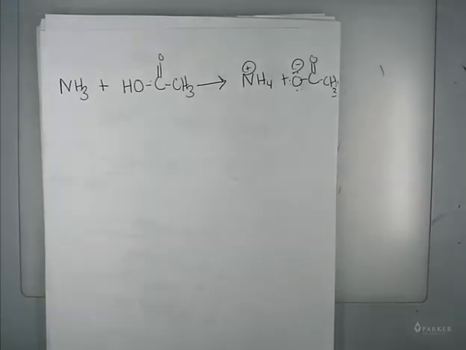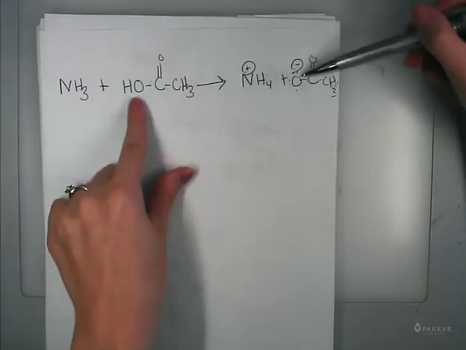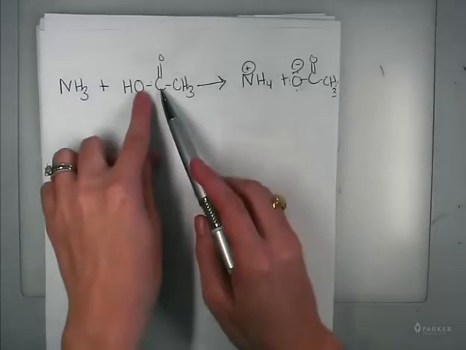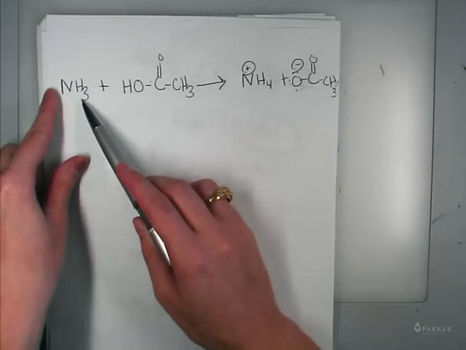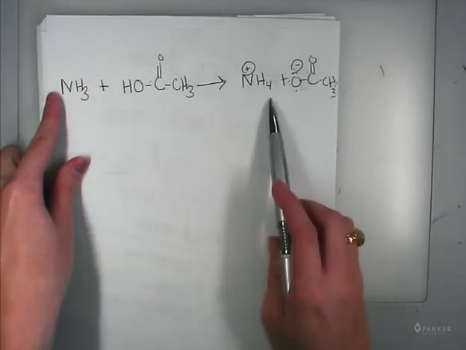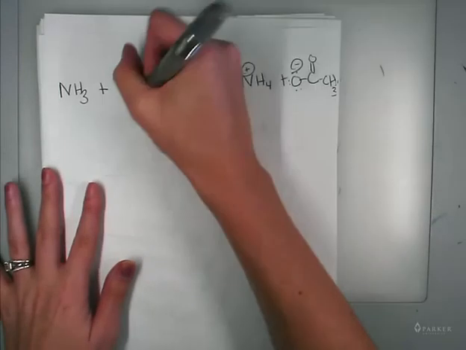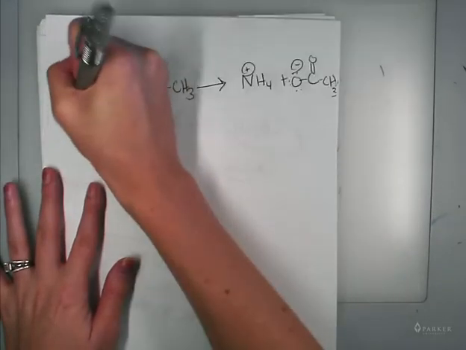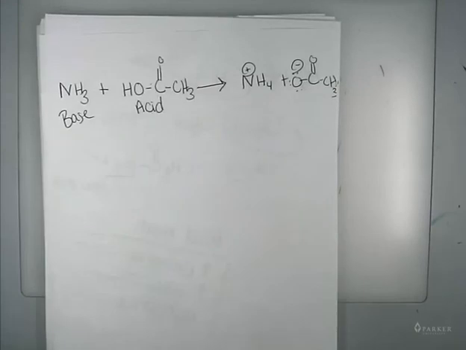You can also see an acid will lose a hydrogen or gain it? An acid will lose a hydrogen. So you see over here, it lost the hydrogen. And if an acid loses, then the base will gain. You see it went from an NH3 to an NH4, so it gained. So this is an acid. That's my base.